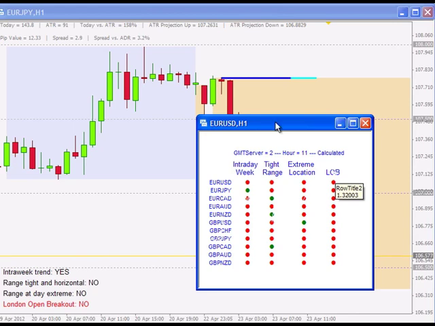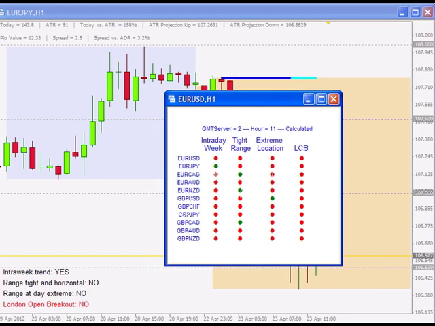Okay, what I personally do is to simply pull out my scanner once a day, again, as the London market kicks off, or maybe a few minutes before the London market opens up. I take a quick look, see if any specific currency pair may give me an opportunity or not, and if yes, then I monitor those currency pairs for the rest of the day, or at least for the first few hours of the London session.